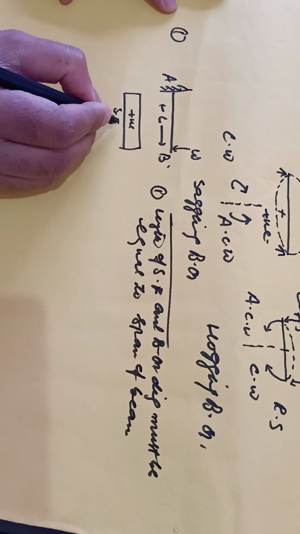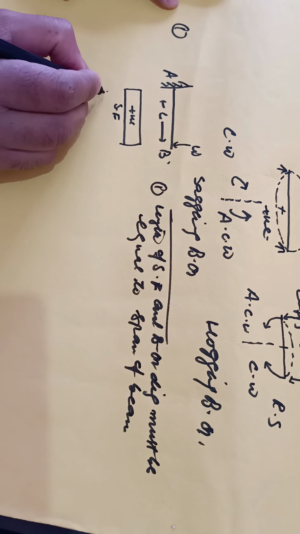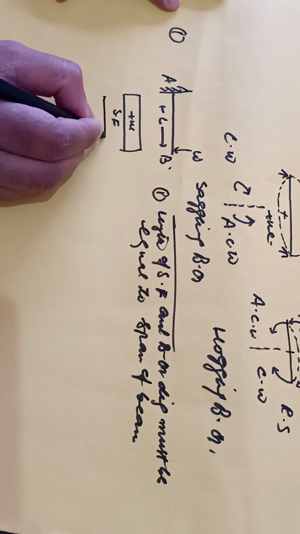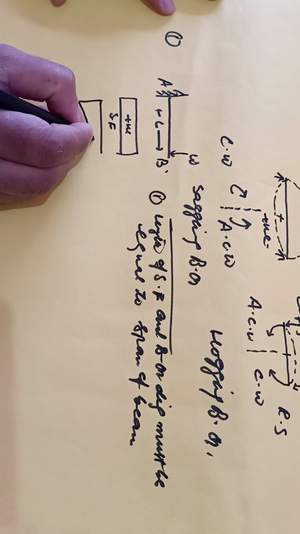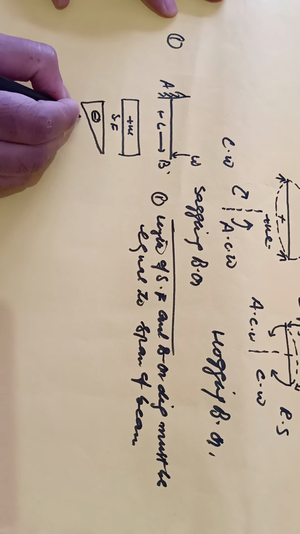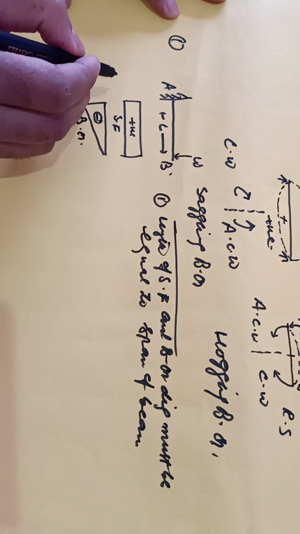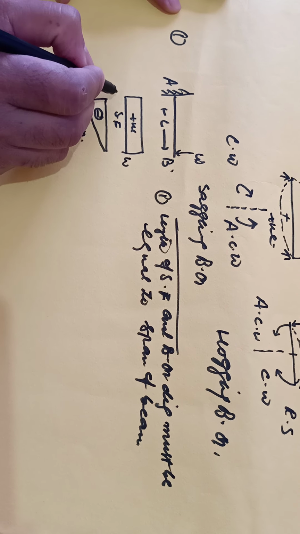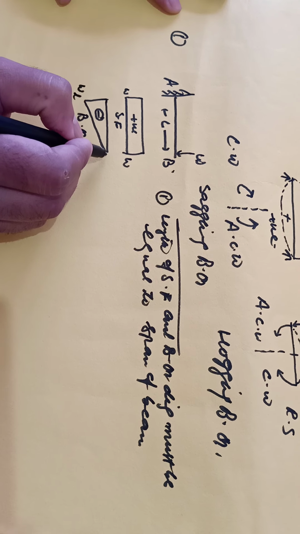This is shear force. Now this is the bending moment diagram, it will be in this way. Here it is W. Here it is also W. Here is WL and here is 0.